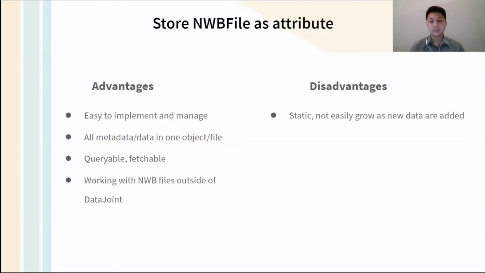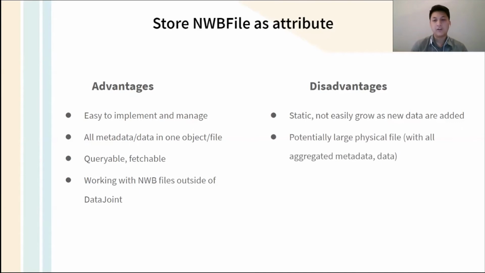As you can imagine, if you add more cells or more units, or you delete units, you either have to delete that NWB object and then regenerate a new object to update, but by itself it doesn't grow with the pipeline. And because you aggregate all the data and metadata into one file, potentially you're dealing with a large physical file, but that's as expected, right?